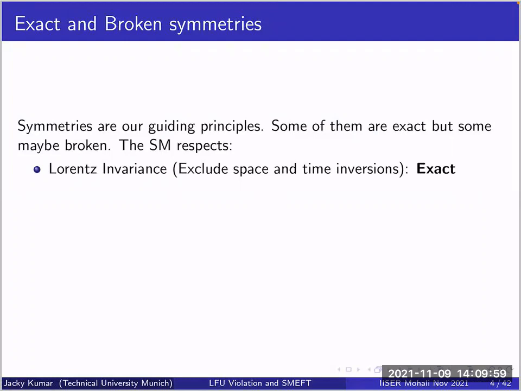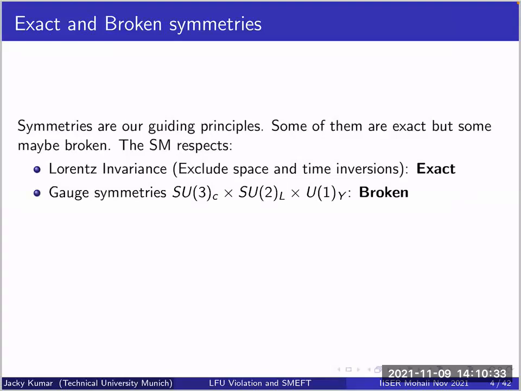You can think of this as a rotation in space plus a boost in space-time. If you exclude the space inversion and time inversion, which are also part of the Lorentz group, then this symmetry is exact. We have never seen at experiment any violation of this symmetry, so we can safely say that this symmetry is exact.